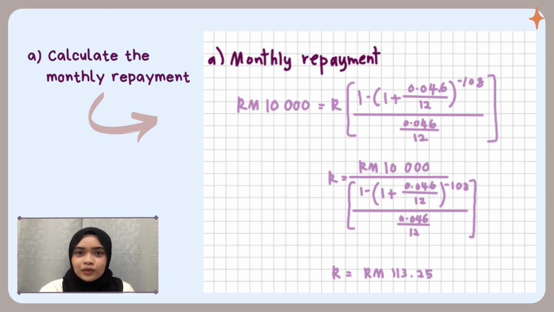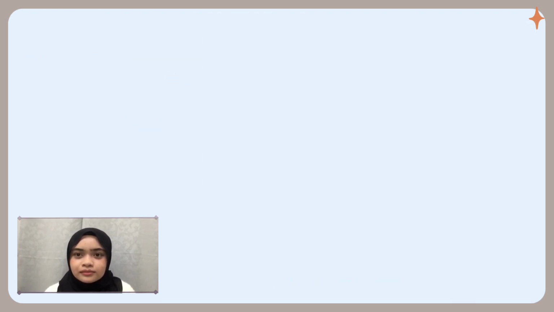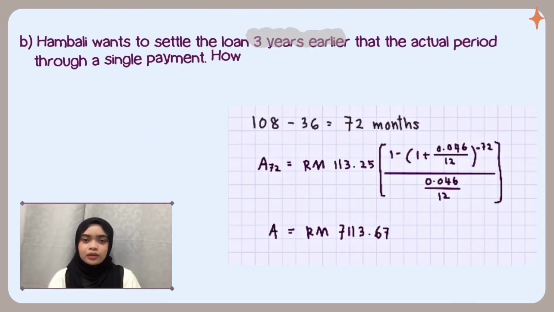So R equals 10,000 ringgit divided by 1 minus (1 plus 0.046 per 12) to the power of negative 108, divided by 0.046 per 12. So the last answer is R equals 113 ringgit 25 cent.